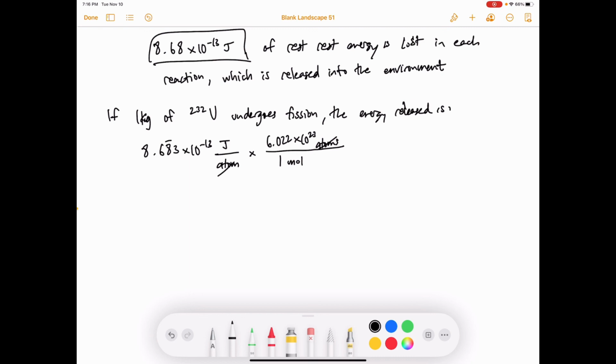Now, here's another thing that you should remember from very early on in the semester. If we know the mass of an atom in atomic mass units, that's equivalent to the number of grams per mole of that substance. So uranium-232 has an atomic mass of 232.03714.